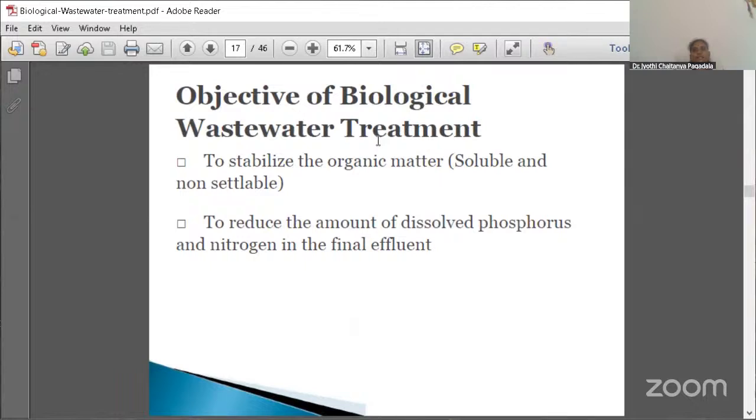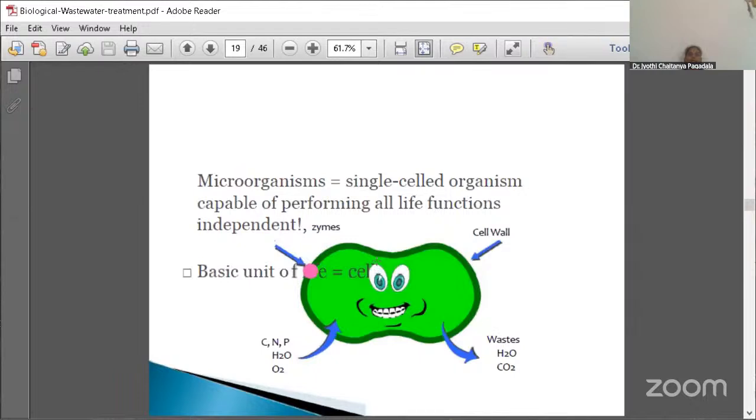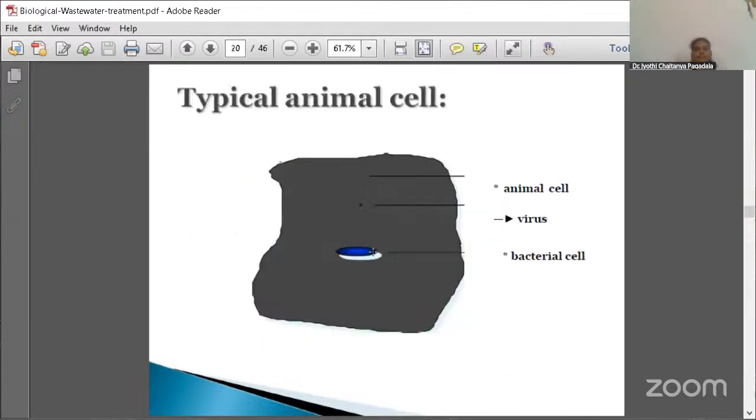The objectives of biodegradation in wastewater treatment are to stabilize the organic matter that is soluble and non-settleable, and to reduce the amount of dissolved phosphorus and nitrogen in the final effluent. Microorganisms are single-celled organisms that can perform all the life processes independently.